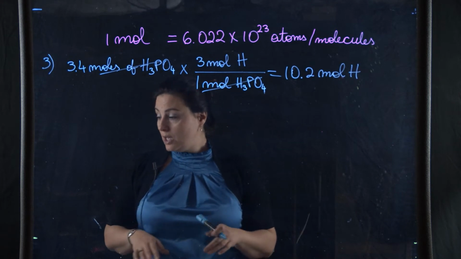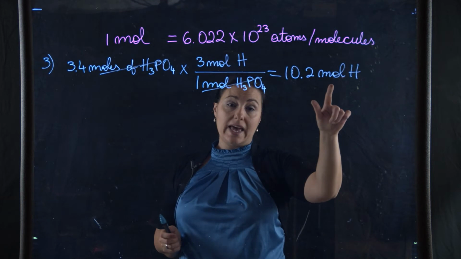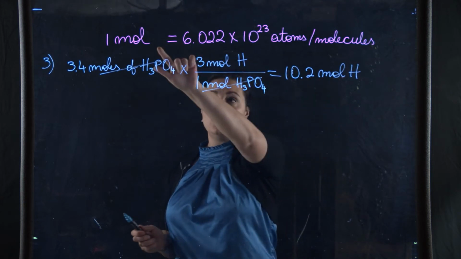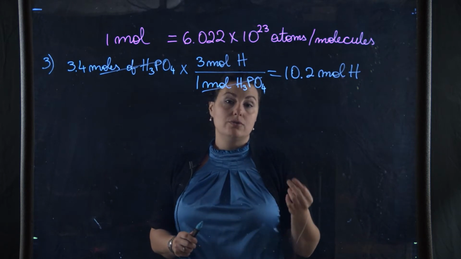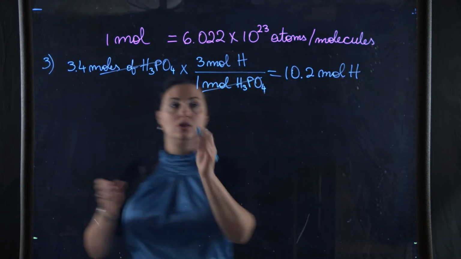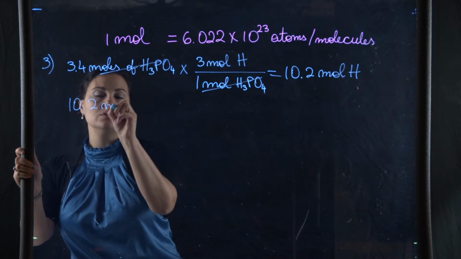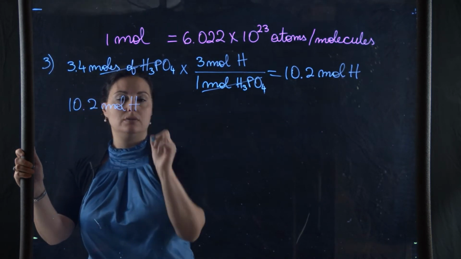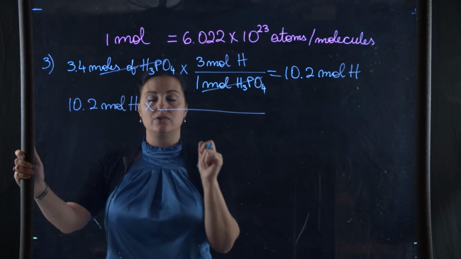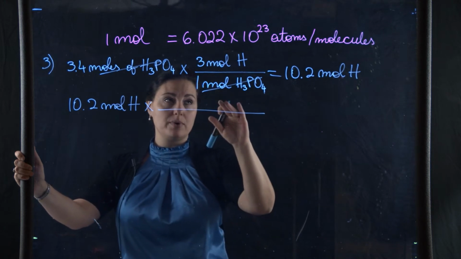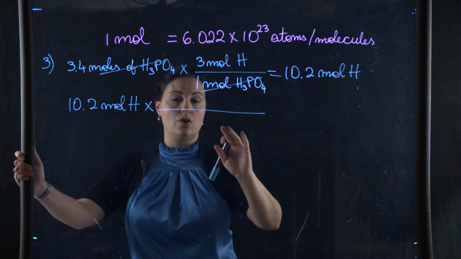But the question doesn't ask me how many moles, it asks me how many atoms. Now that I have the moles of hydrogen, I can use my relationship with Avogadro's number and the mole to convert to atoms of hydrogen. Let's do that. 10.2 moles of hydrogen, multiplied by my conversion factor. What we want on top is the atoms of hydrogen, and I want my moles of hydrogen to go away.